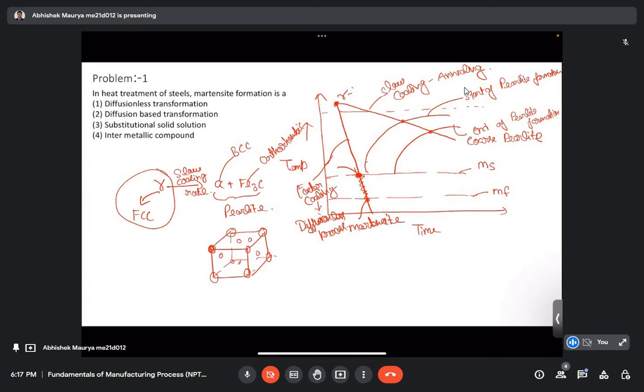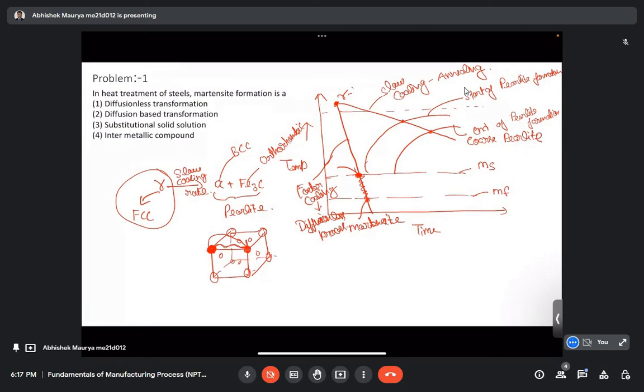Suppose we have one atom and this atom has to go to another place. If it goes via diffusion, it will jump to the next place and travel the complete distance between the two atoms.